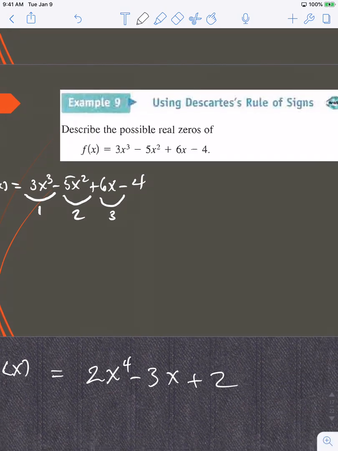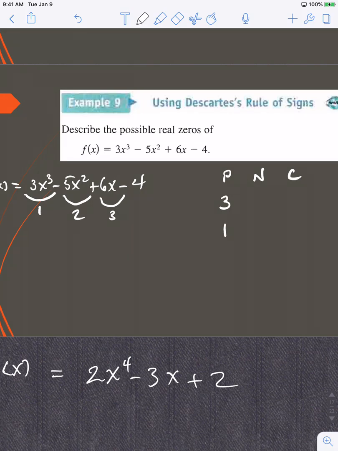So, for real roots, there's positive, and then there's negative, and then there's complex, and that really makes up all the possible roots of a polynomial. Then what we've said here, according to Descartes' rule of signs, is that there are 3 or 1 possible real roots that are positive, because we can only decrease by an even number.